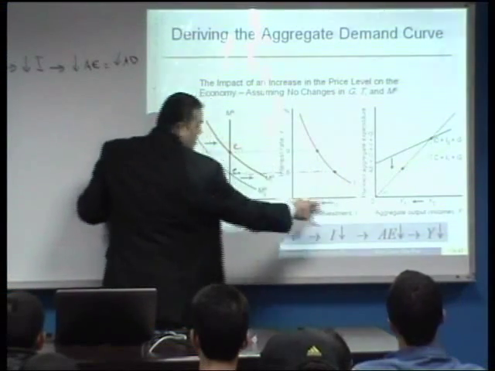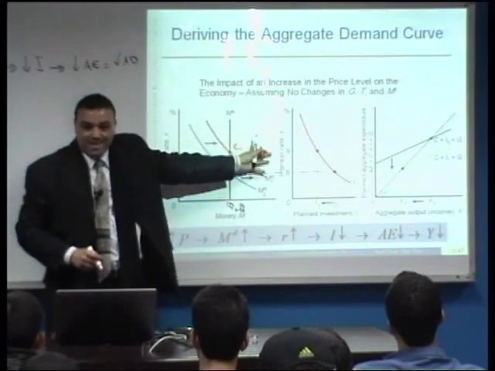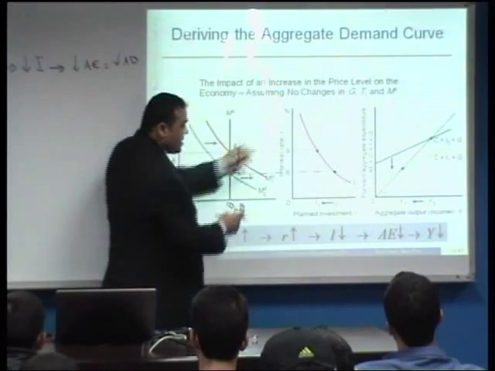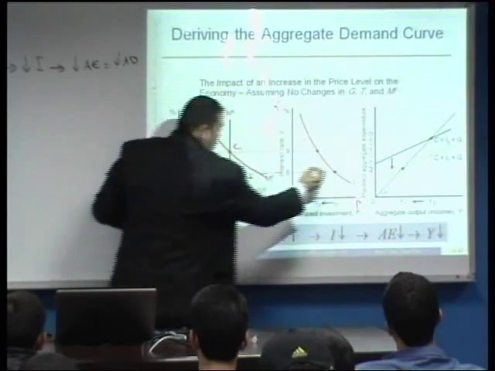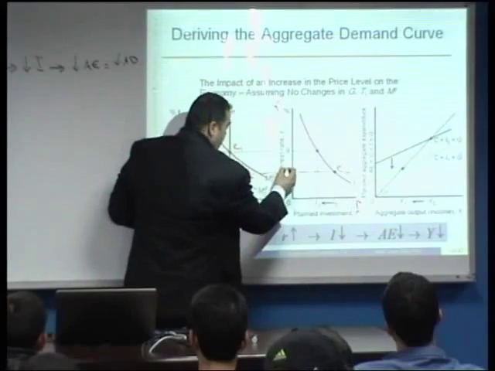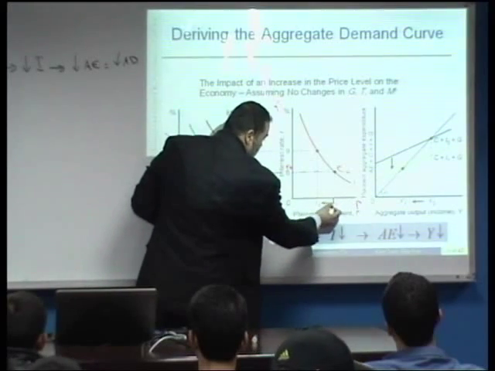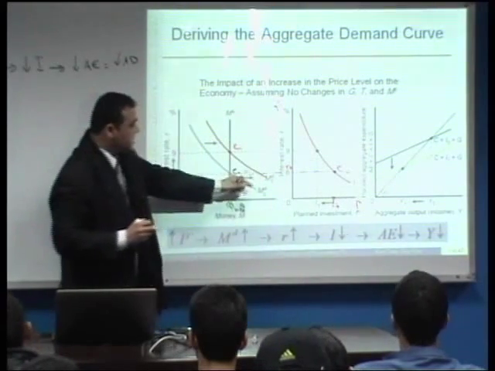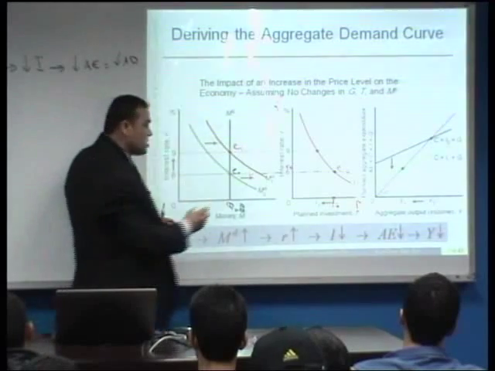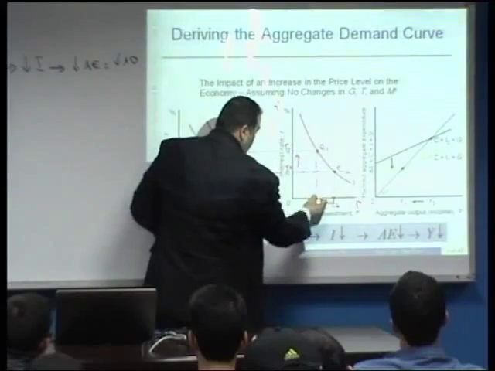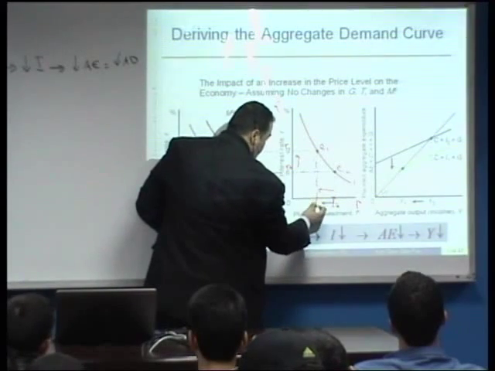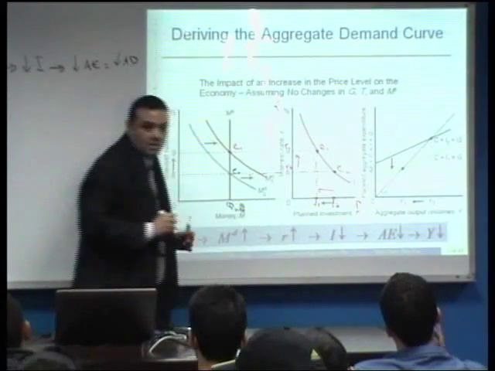This is the planned investment curve, which illustrates the negative relationship between R and I. So this is E0, R0, I0. There is an increase in the interest rate to R1, E1, and the planned investment should decline to I1, right?